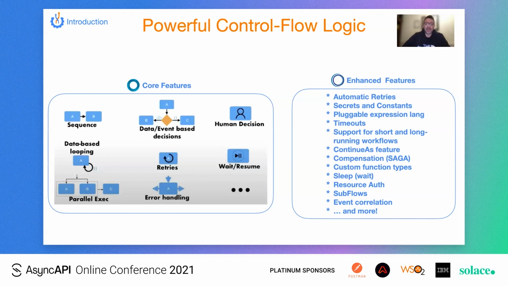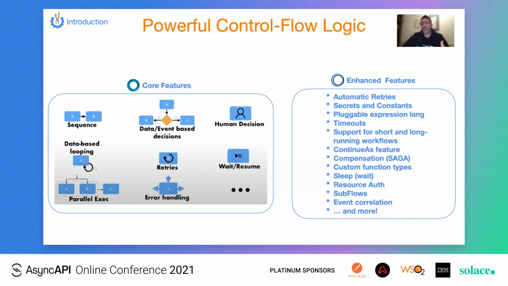The DSL itself supports defining both short and long-running workflows. And we have other features, for example, the continue-as feature, which allows you to continue your workflow execution at some point in time as a new execution or a completely different type of workflow. Compensation, we provide custom function types.